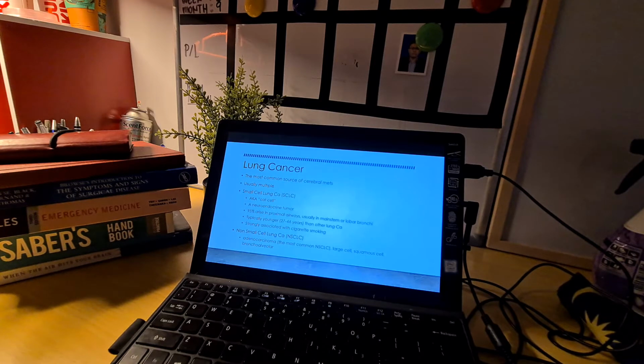Small cell lung carcinoma is also known as oat cell carcinoma. It is a neuroendocrine tumor. 90% arise in the proximal airways, usually in the mainstem or lobar bronchi. Typically it occurs in younger people, 27 to 66 years old, and is certainly associated with a particular habit, which is cigarette smoking.